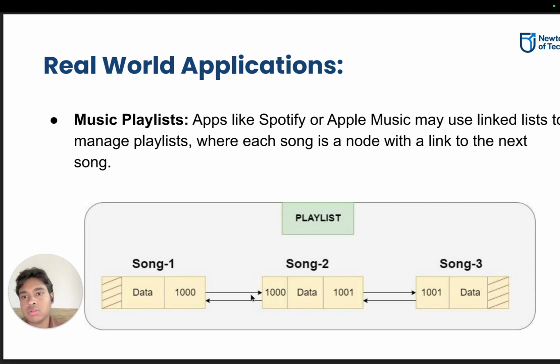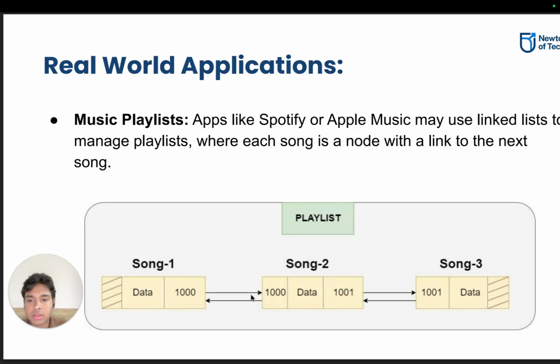Now the second real-world application: a music playlist. Apps like Spotify or Apple Music may use a linked list to manage the playlist, where each song is a node with a link to the next song. Say you are playing a Haryanvi song, then the next song will also be Haryanvi, because they are all connected to each other.